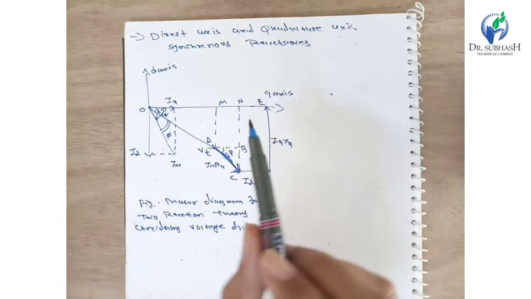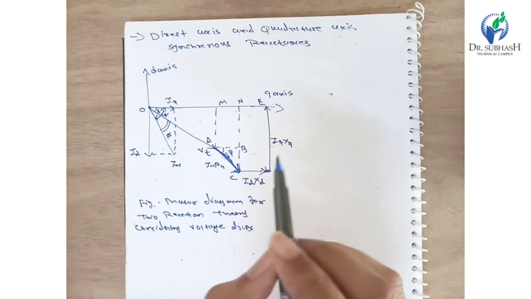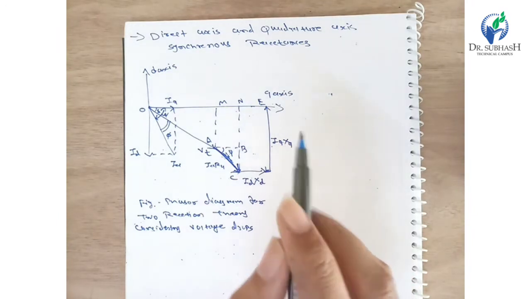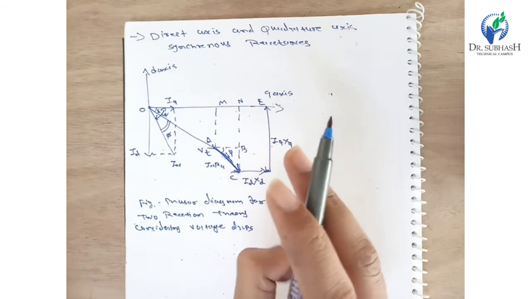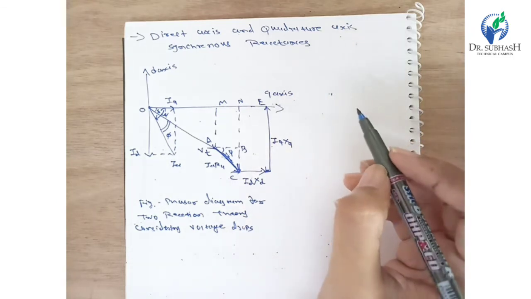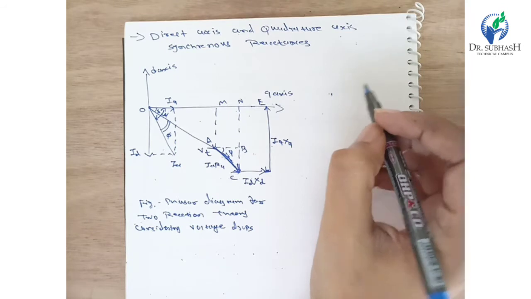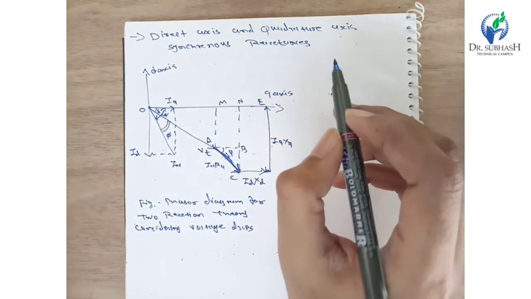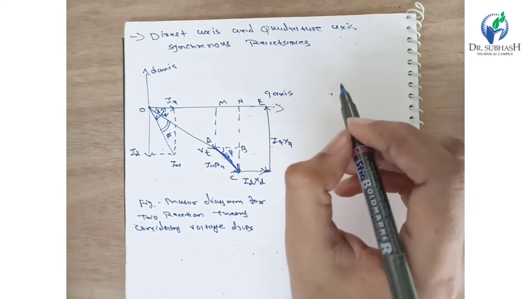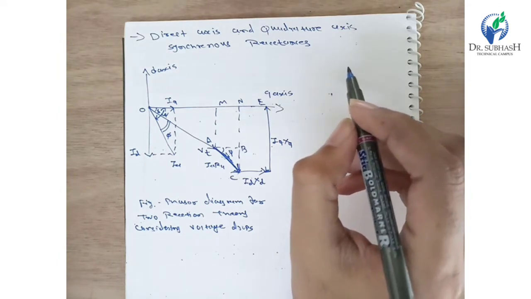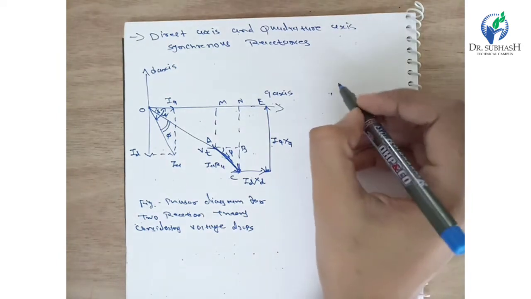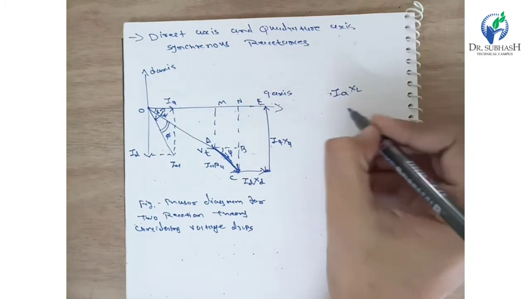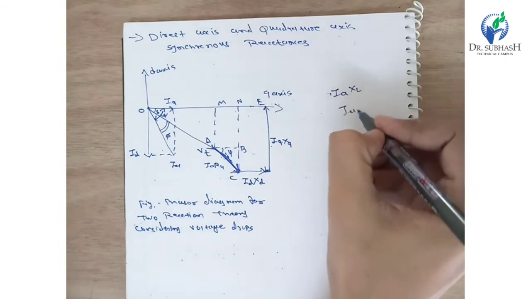We know that the effect of leakage flux and armature reaction is taken into account by the reactances XL and XA. When the armature current flows through XL and XA, it produces voltage drops of Ia into XL and Ia into XA.